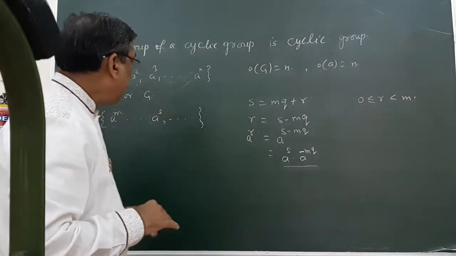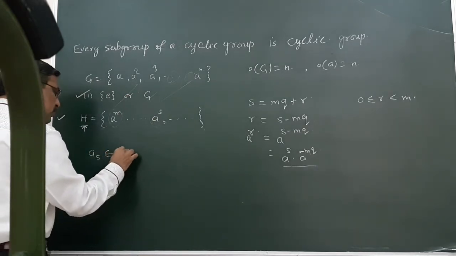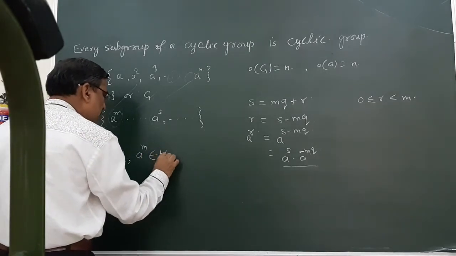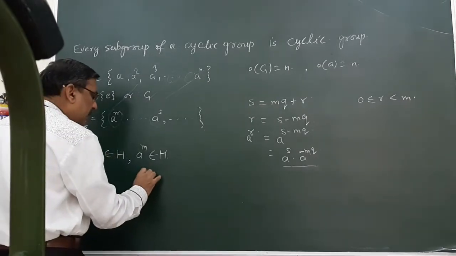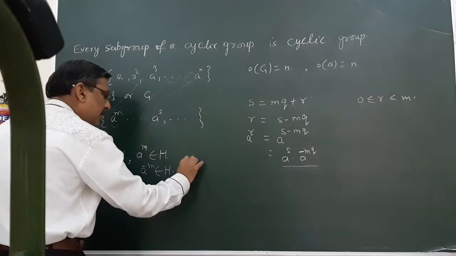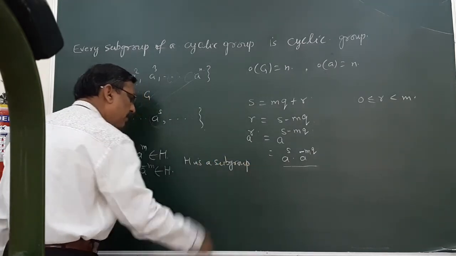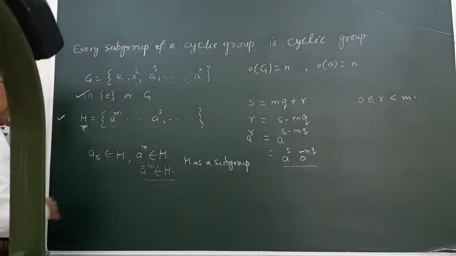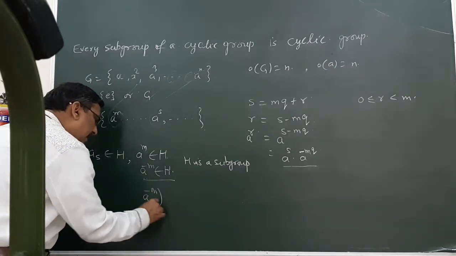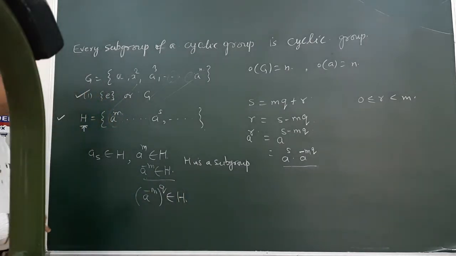Now a^s is an element of H, a^n belongs to H, and H is a subgroup, therefore a raised to the power minus n belongs to H, and also a raised to the power minus n raised to the power q belongs to H by the closure property.